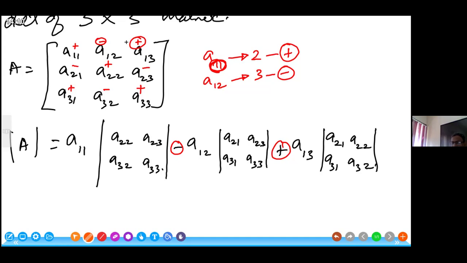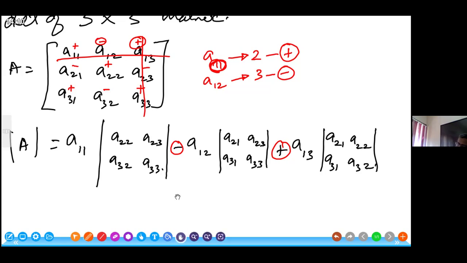A13 multiplied by the cofactor of A21, A22, A31, A32, knocking off the row and column it belongs to. Any questions? We'll take an example and do it.